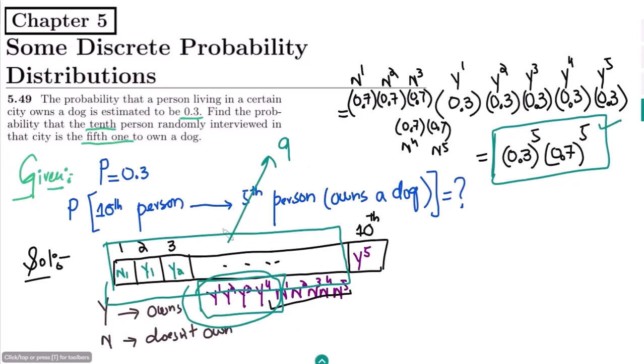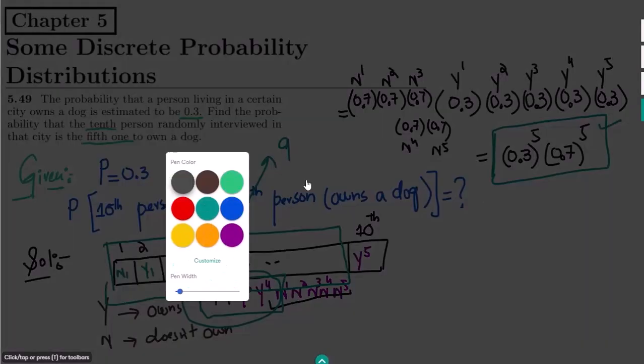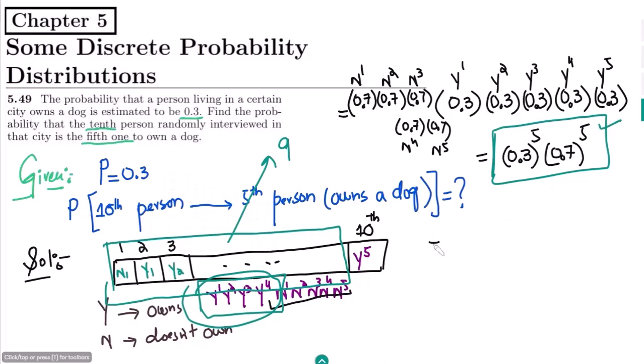Therefore this one is called the negative binomial probability. Writing it here, we have the total number of items equal to 9 before it, and out of 9 we choose 4, multiplied by 0.3 raised to the power 5 and 0.7 raised to the power 5 as well.